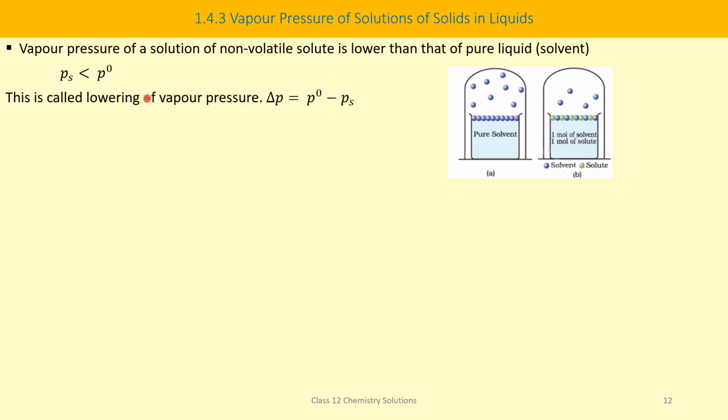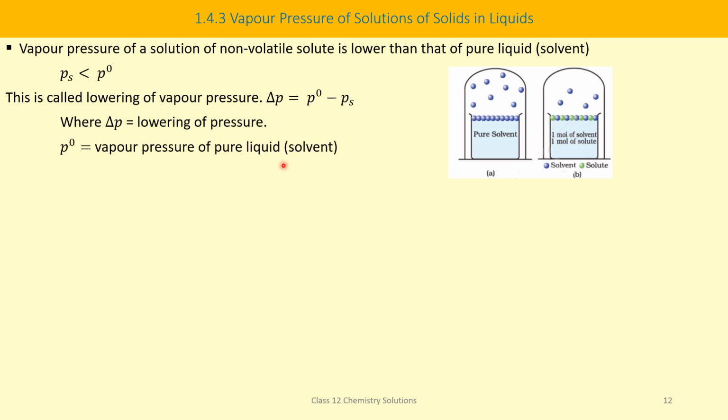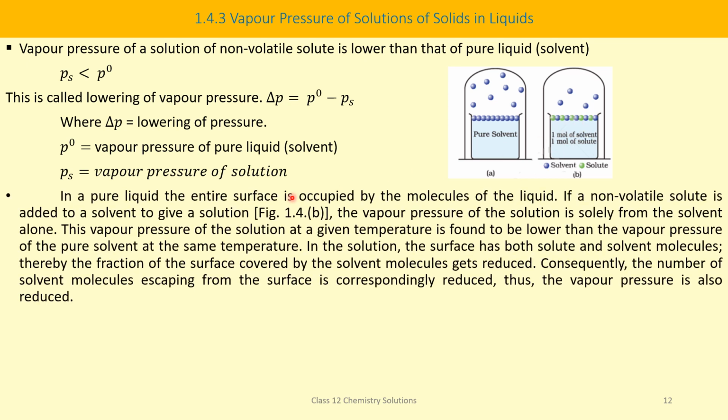The difference between the two is given by the relation delta P is equal to P0 minus Ps, where delta P equals lowering of pressure, and P0 is the vapor pressure of the pure liquid, here the solvent as shown in figure A, and Ps is the vapor pressure of the solution, solute and solvent.